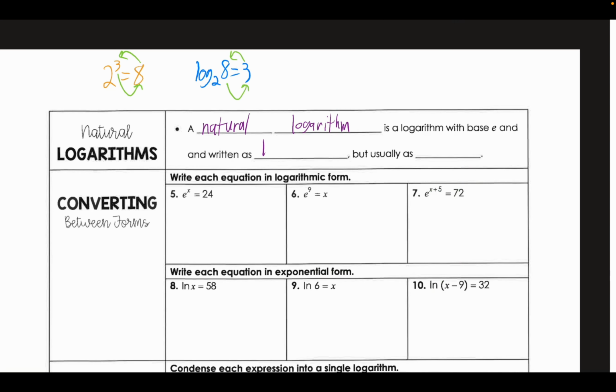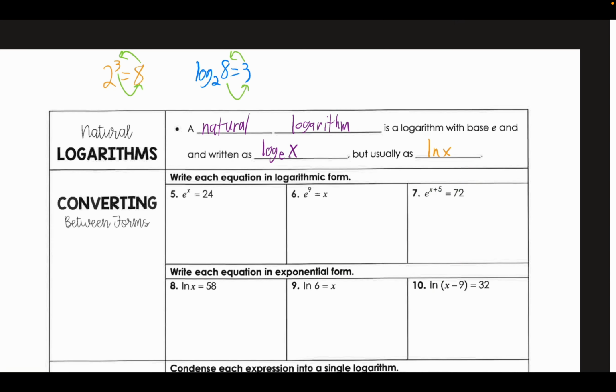And so it can be written as, for example, log base e of x. But most often it's actually just written as ln x. Instead of log base e of x, you write ln x. It's like natural log, but ln, almost like log natural, just the reverse.